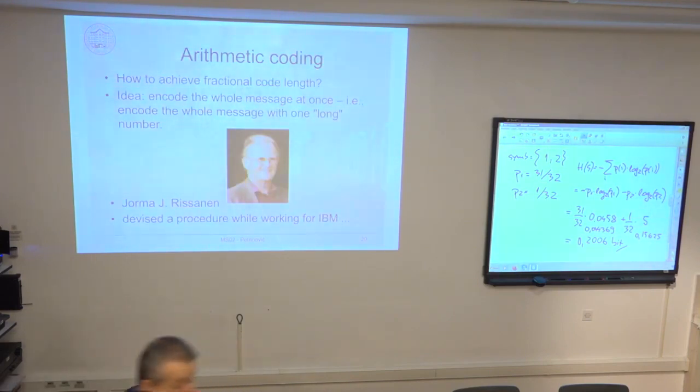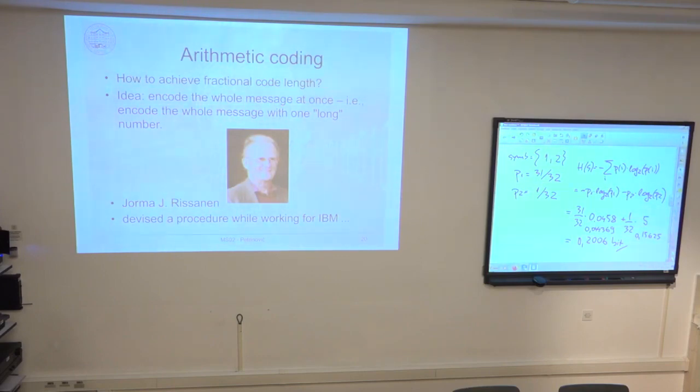And the second technique for entropy coding, for entropy compression, was introduced by this guy. His name is Jorma Rissanen from Finland. He worked for IBM at that time, and he decided to solve this problem.